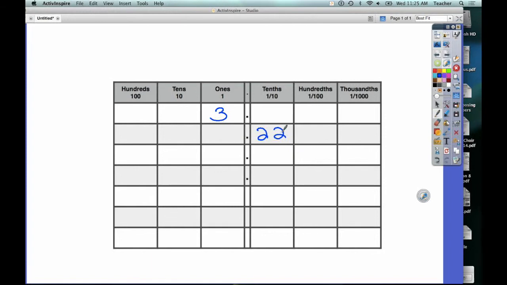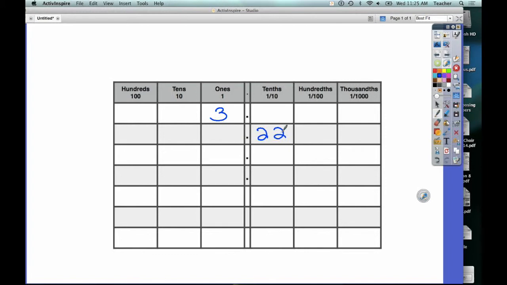Right now I have 22/10. So what do you think? If I decompose, that means I've taken numbers and moved them one place over to the right. How do I get them back to where they were? Where do I need to move them?